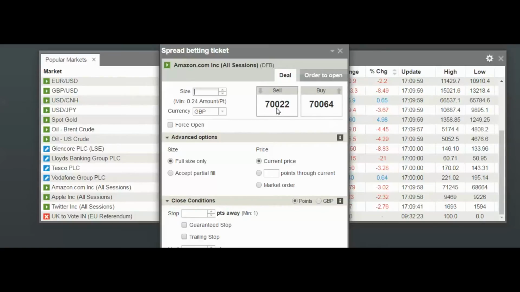So here what you're looking at is, if you put a decimal point between 700 and these two numbers here, then that's really what the share price is. So that's $700.23. But from a spread betting perspective, the numbers will be much bigger for you to trade, and you're removing the decimal point here.